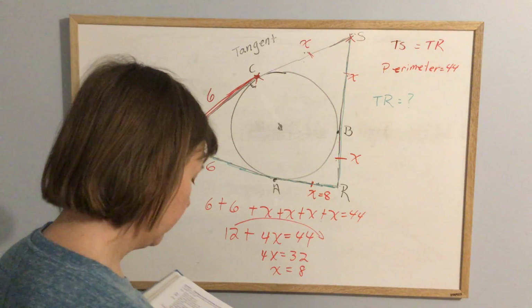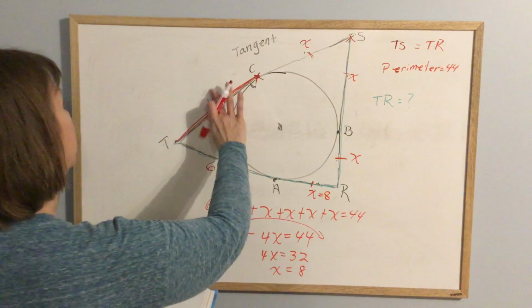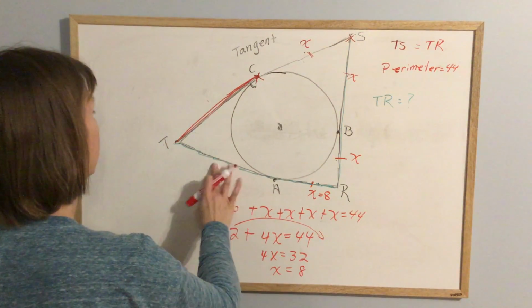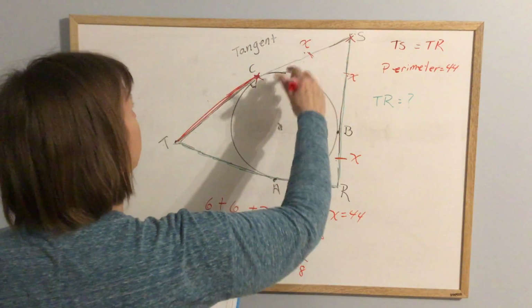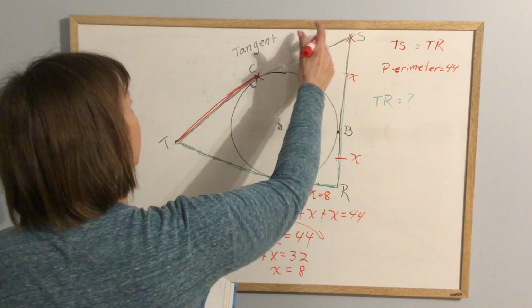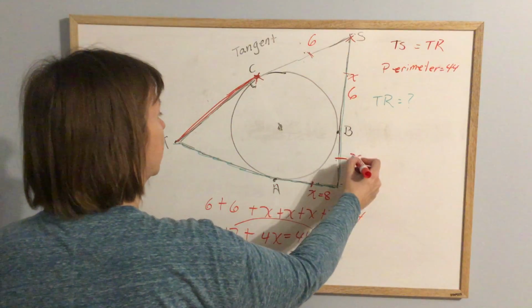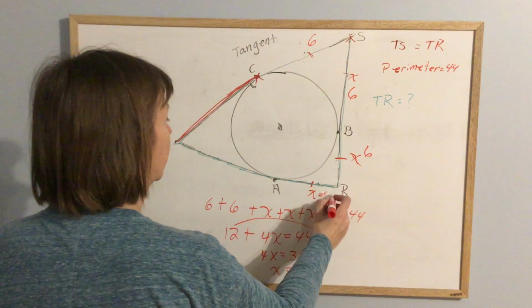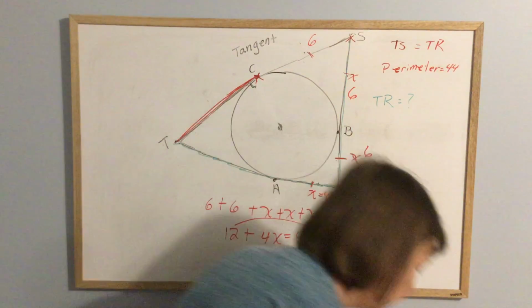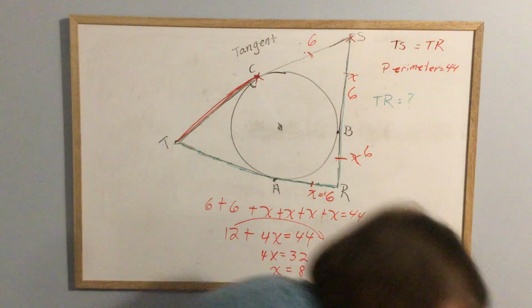Oh, because way back at the beginning, I had this labeled wrong because I had my S's wrong. So they said SC is 6. So if that's 6, then that is 6, then that is 6, then that is 6. That makes more sense. All right, so it all had to do with my labeling.